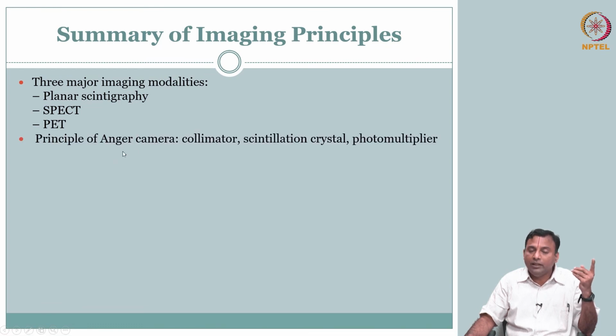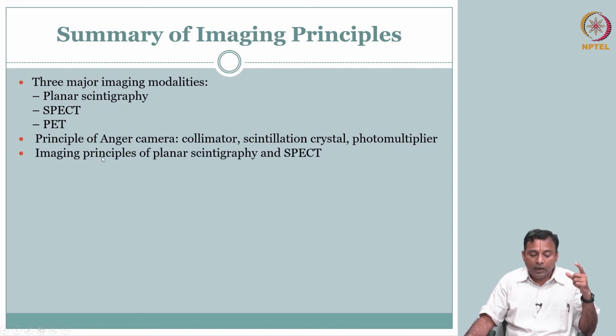First we talked about the most important aspect that is new here, your Anger camera, which had your collimator, scintillation crystal and then photomultiplier tube. Okay. Apart from that we talked about the imaging principle in planar scintigraphy and SPECT. Recall, right, we talked about how we use your x, y, z pulse, that is an important concept when we talk about Anger camera.